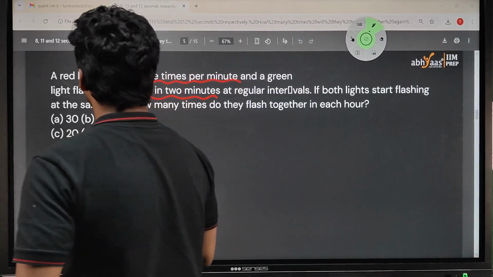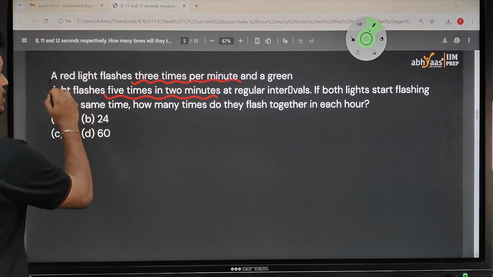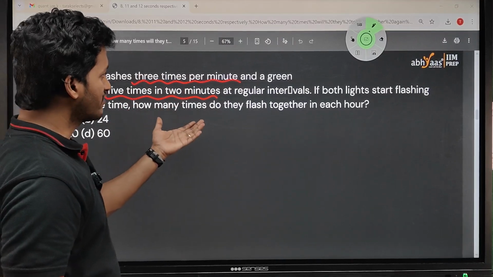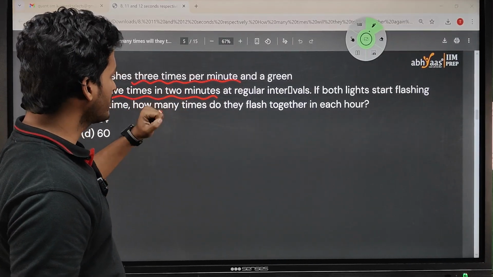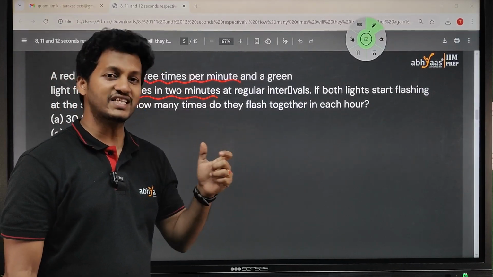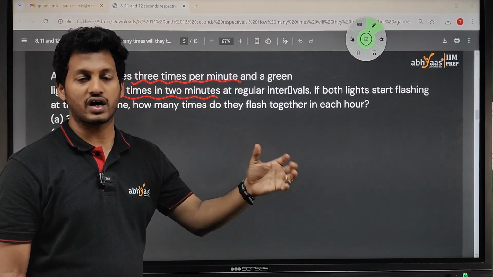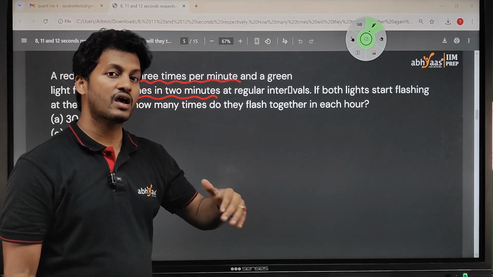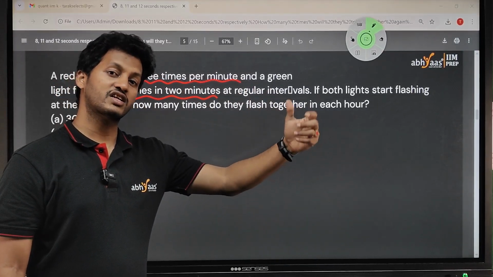But I am going to give a clue here. In the model which I discussed previously, we were given the time at which each light or each bell tolls. For example, one is 7 seconds, another is 8 seconds, another is 11 seconds and 12 seconds.